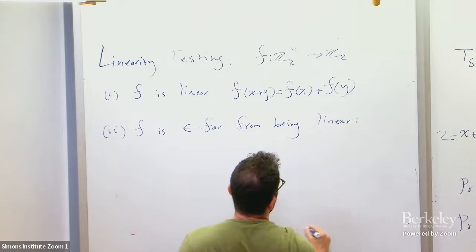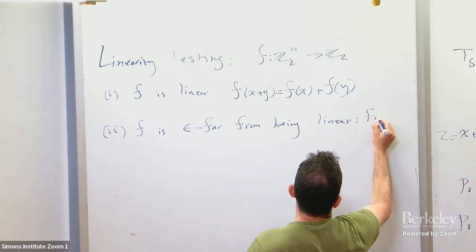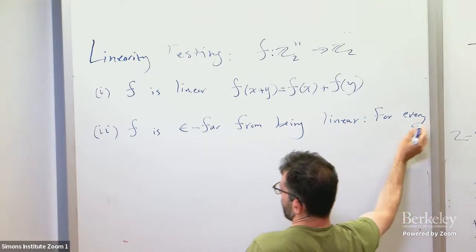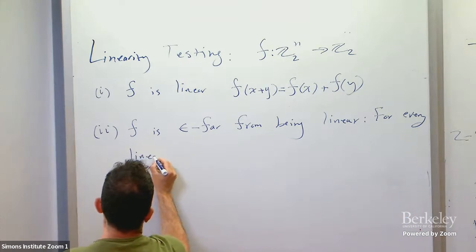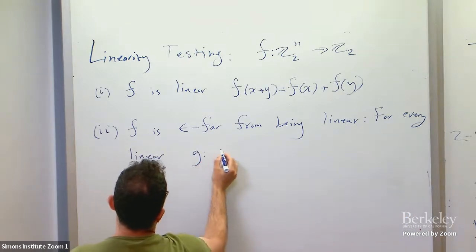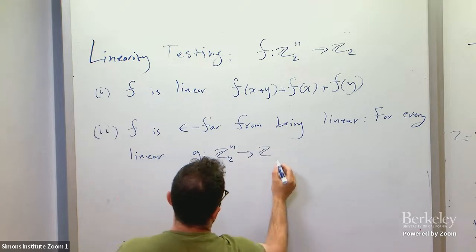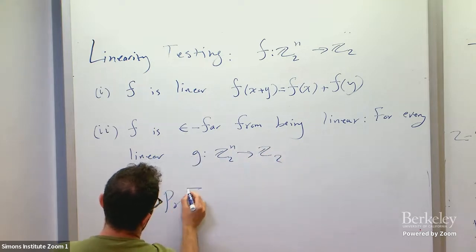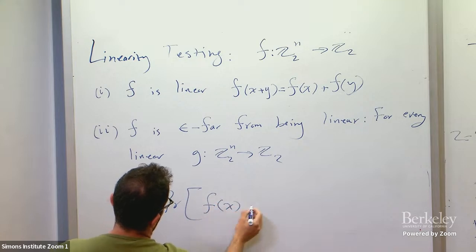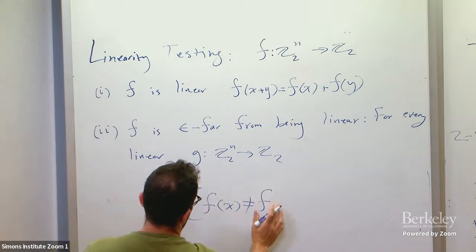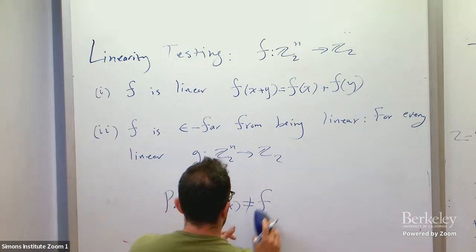What does this mean? It means that for every linear g, f doesn't match g on many points.